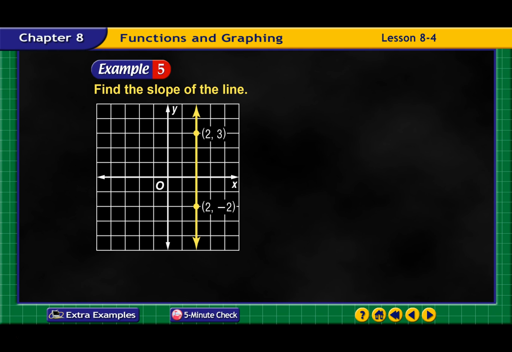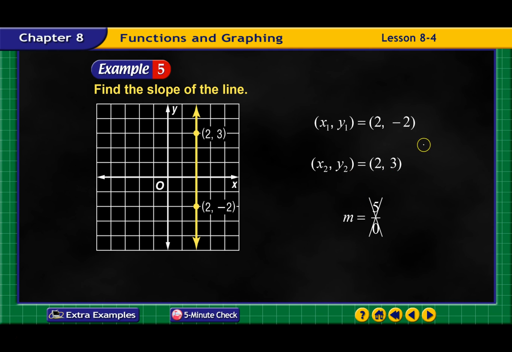Find the slope of a vertical line. So x1, y1, you're taking the lower point here, and the upper one is here, 2, 3, and we put that into our slope formula.